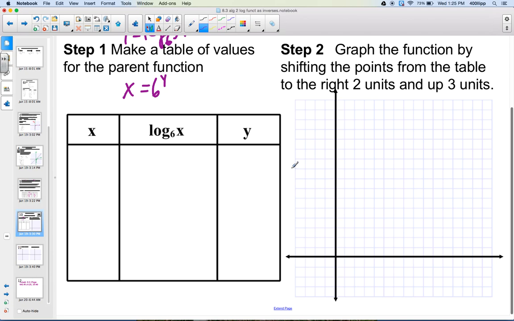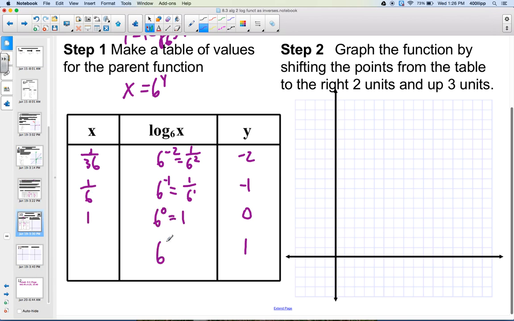I'll plug in, let's say, -2, -1, 0, and 1. So I'll have 6 to the -2 is equal to 1 over 6 squared, which is 1 over 36. Next, 6 to the -1 is 1 over 6 to the first, which is 1/6. 6 to the 0 is 1, and 6 to the first is 6.